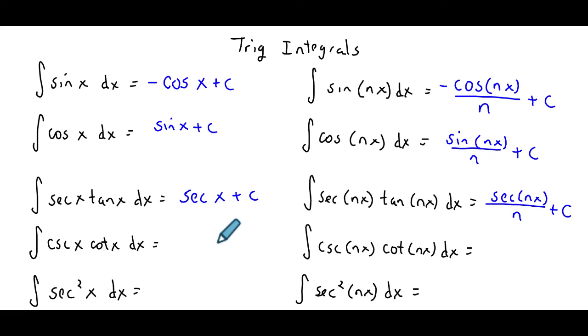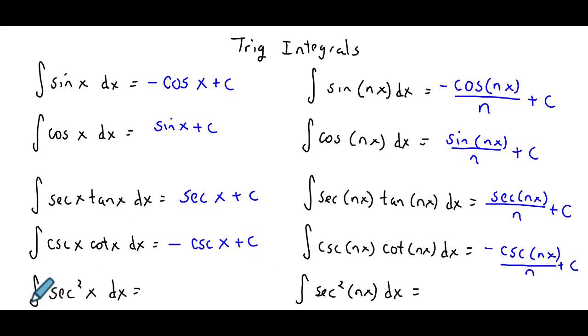Now we know if I took cosecant and differentiated that, I get negative cosecant cotangent, so I'm missing the negative, so I have to add the negative back in. So the integral of cosecant x cotangent x is negative cosecant x plus c. And if I add a number inside the trig function, that's going to be negative cosecant of nx over n plus c.